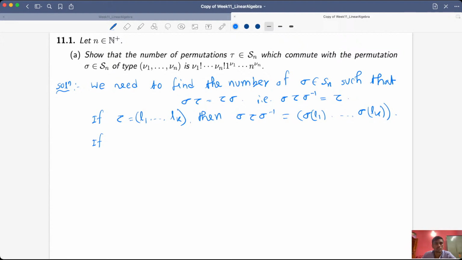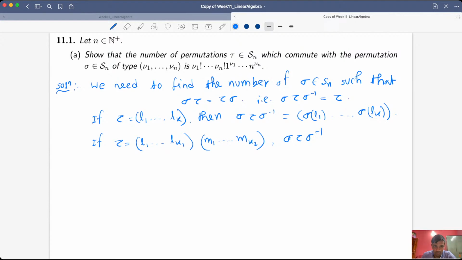Okay, so in this case, suppose for another example tau is a product of two cycles, one say L1 through Lk1 and another M1 through Mk2. Then I can also see that sigma tau sigma inverse I can write by taking sigma inverse sigma in between the two cycles of tau.